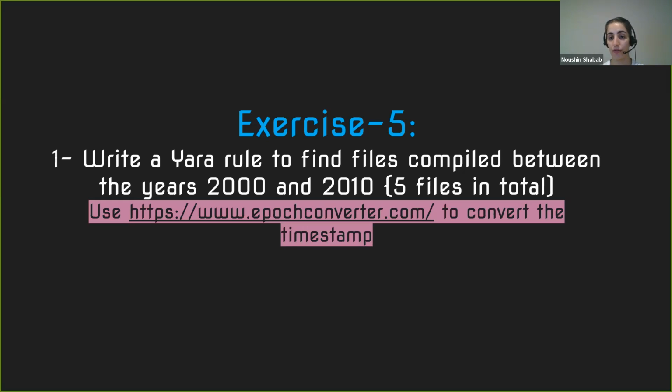And there should be 5 files in total. You can use this website, epochconverter.com, to convert the timestamp, or any other online or offline time converter that you have. This should be easier. I guess maybe 10 minutes should be enough.